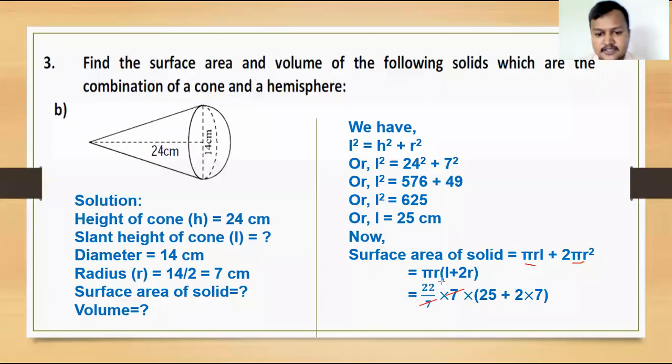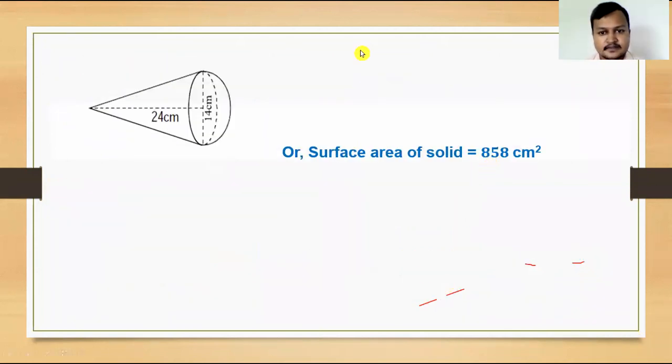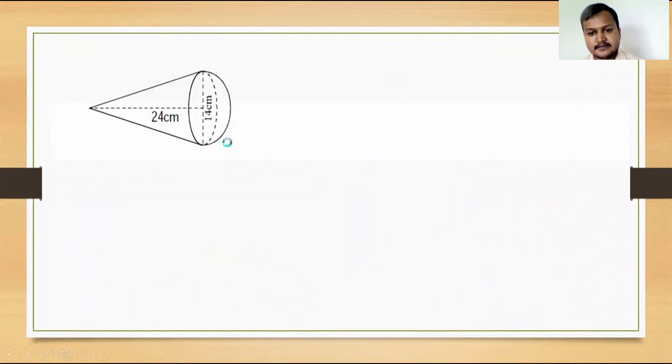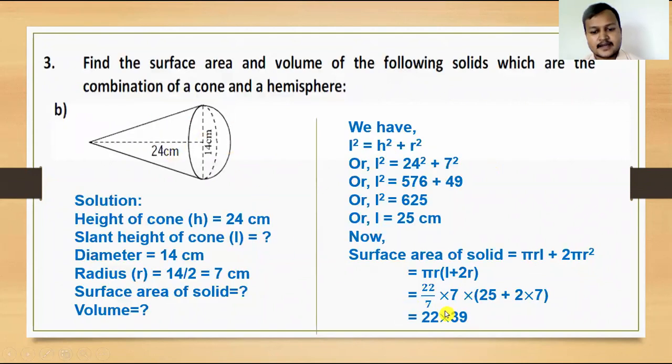We have to multiply this 22 with 39 now. 858. Yes, sir. The total surface area of this solid is 858 square centimeter after calculating by using this formula.